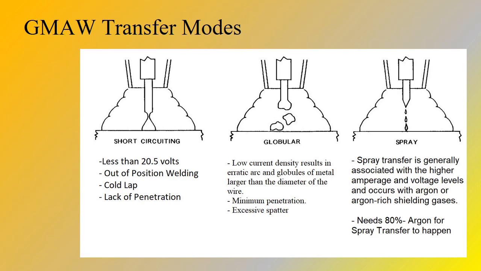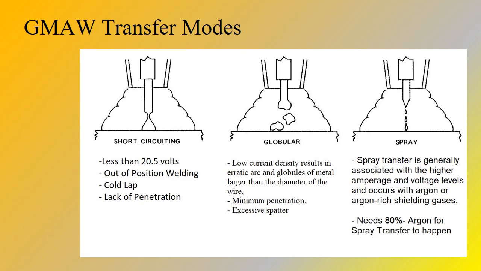Globular is low current density. It results in an erratic arc and globules of metal that are larger than the diameter of the wire. With this process, the wire never touches the base material like it does in short circuiting.